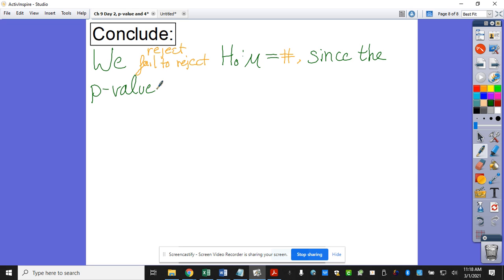And we make that decision on the p-value either being or not being less than alpha, and that's why I write that kind of funny on that last slide.